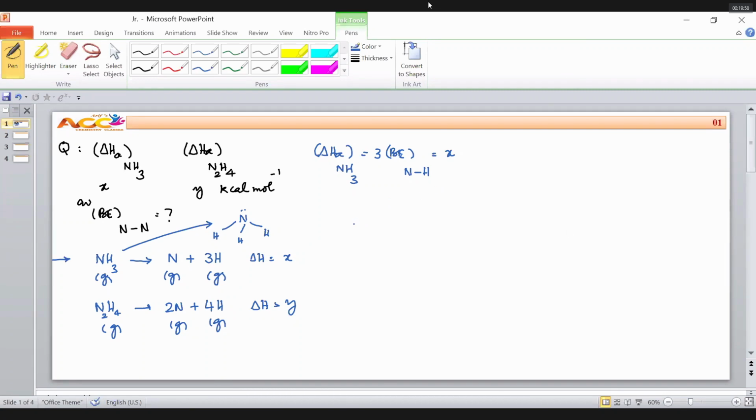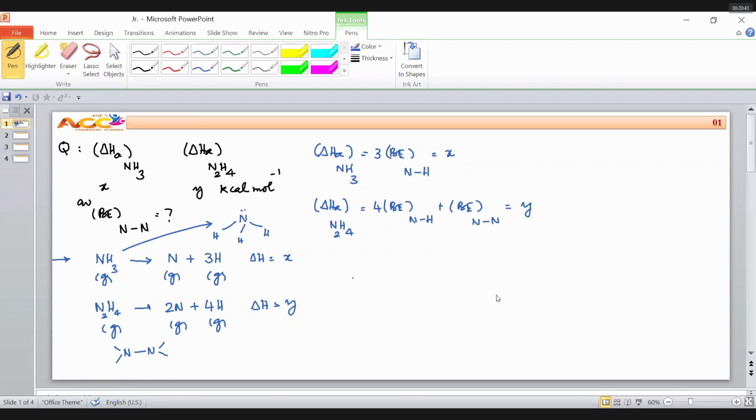Similarly, when we are discussing N2H4, how does it look? If you are saying enthalpy of atomization as per the language of the paper setter, you can say this is nothing but bond energy of NH, 4 times, NH, NH, NH, NH, and bond energy of N single bond N. And what is this?